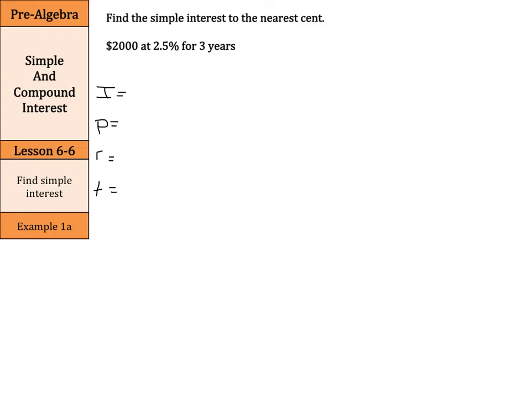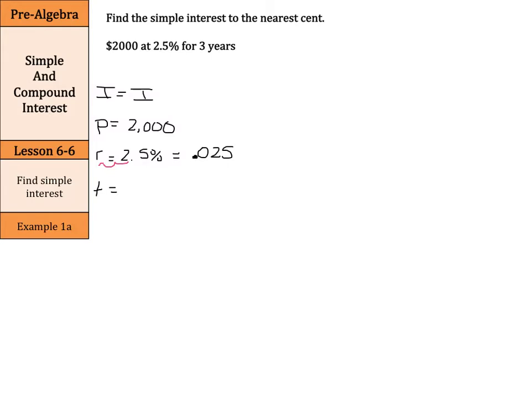We're looking for the simple interest, so I is I. Our principal is going to be $2,000. Our rate is 2.5%, but we have to get that rate into decimal form, and in decimal form, that's going to be 0.025. Remember, you have to move your decimal place over once and twice.